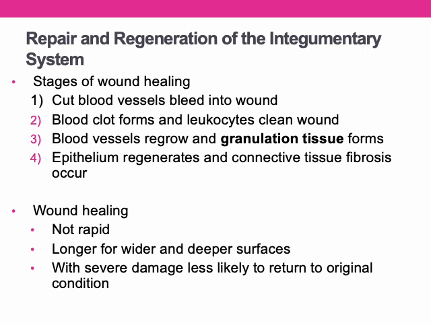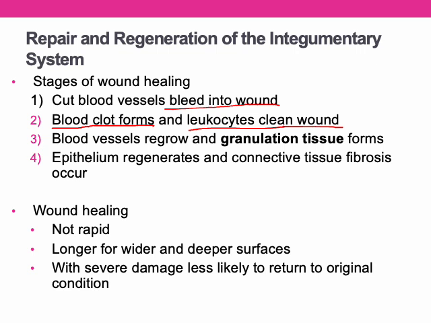Let's talk quickly about the stages of wound healing. The first stage is the blood vessels are going to bleed into the wound, and that's going to bring white blood cells, so leukocytes, and fluids into that area to clean the cut. Once the first stage is done, then the second stage is going to occur, and that's going to be the formation of a blood clot to stop the body from losing more blood, and leukocytes are now present to clean the wound.